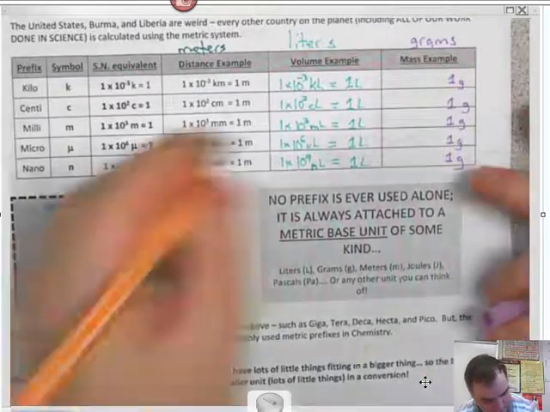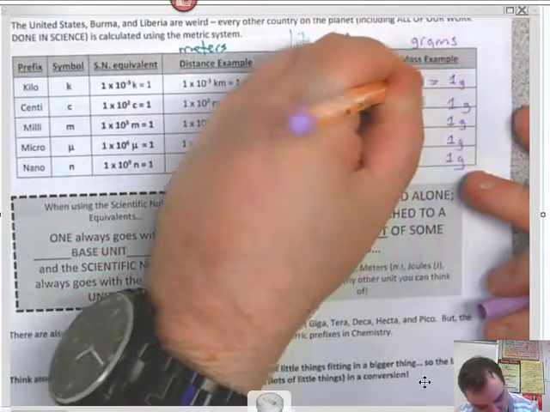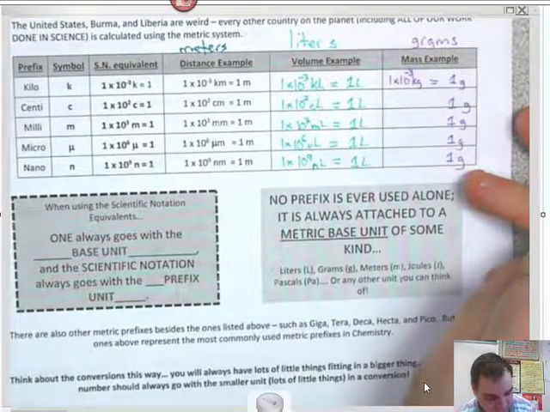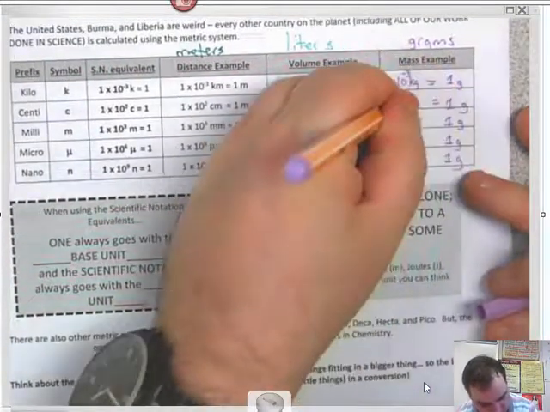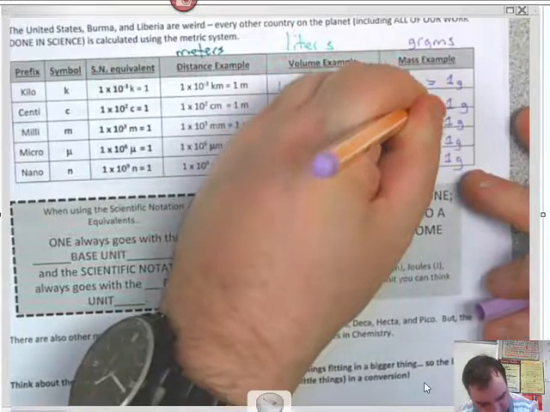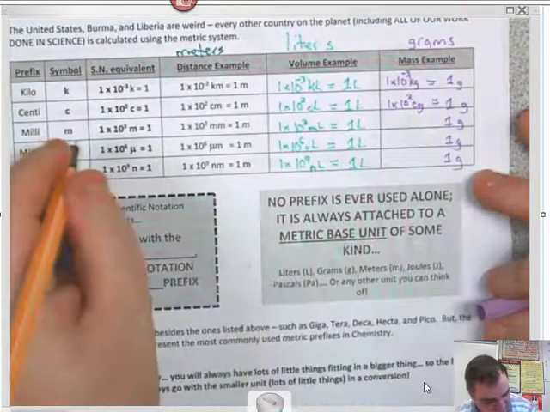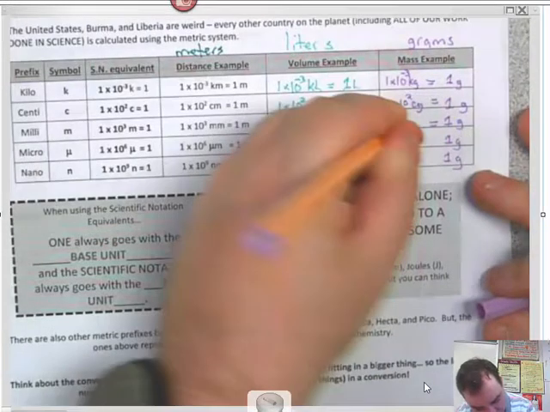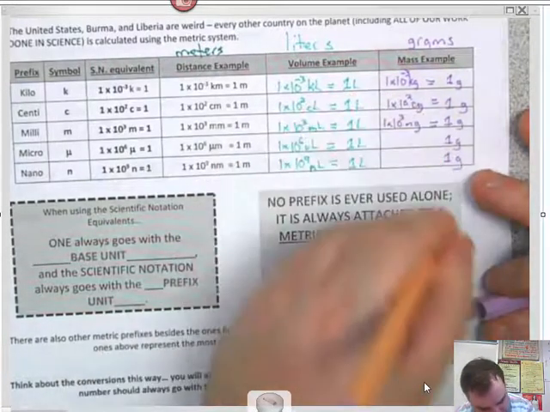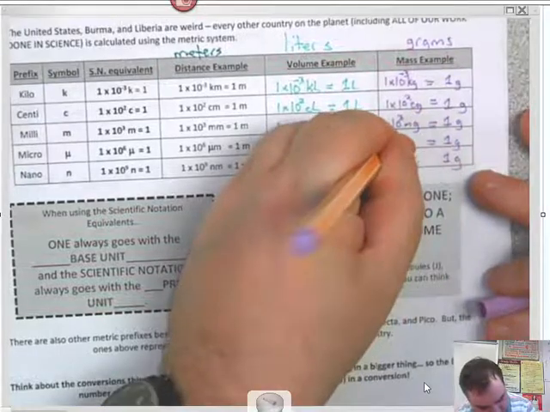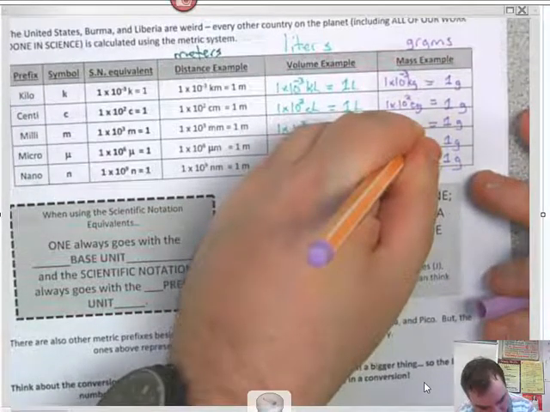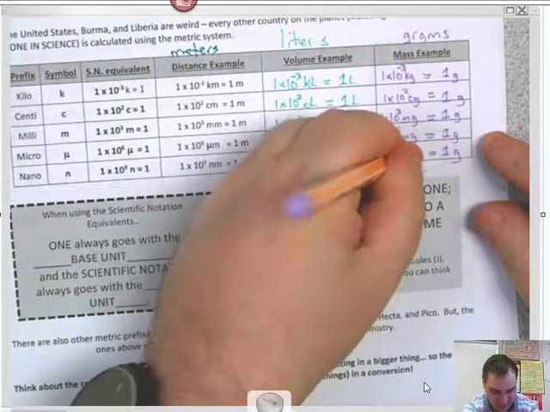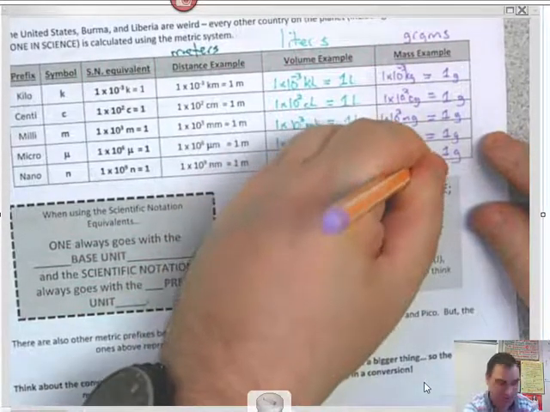So 1 gram equals 1 times 10 to the negative third kilograms. 1 gram equals 1 times 10 to the second centigrams, because centi means 1 times 10 to the second. Milli means 1 times 10 to the third, so we're going to do 1 times 10 to the third milligrams equals 1 gram. Micro equals 1 times 10 to the sixth micrograms equals 1 gram. And then 1 gram equals 1 times 10 to the ninth nanograms.